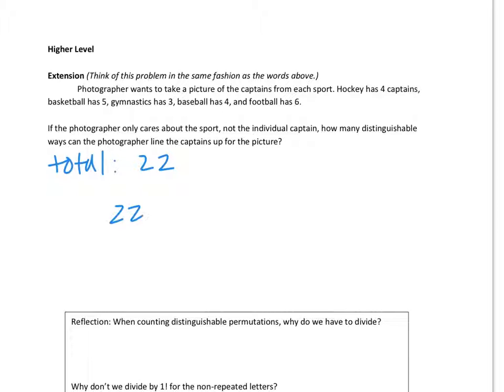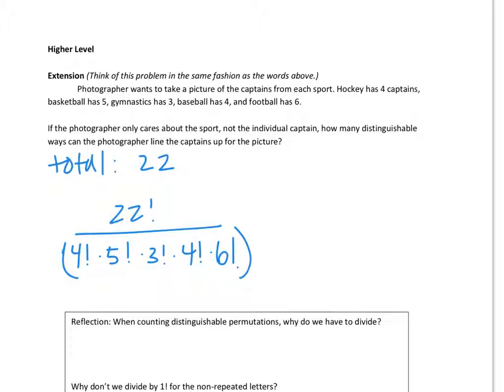So the total always goes on top. And then the number of each type is going to go on the bottom, just like the number of letters that were repeated went on the bottom. So our 4 hockey captains, 5 basketball, and so on. Each number of the total captains goes here on the bottom.